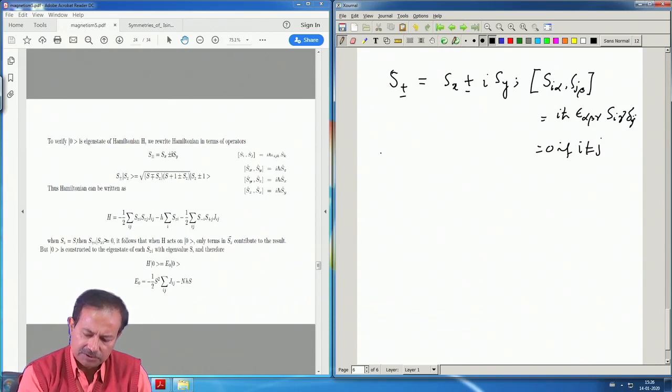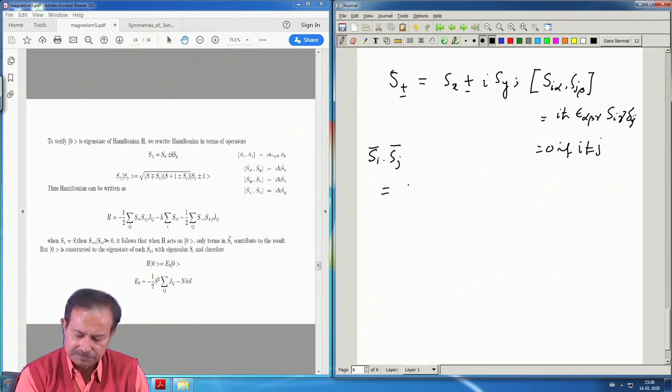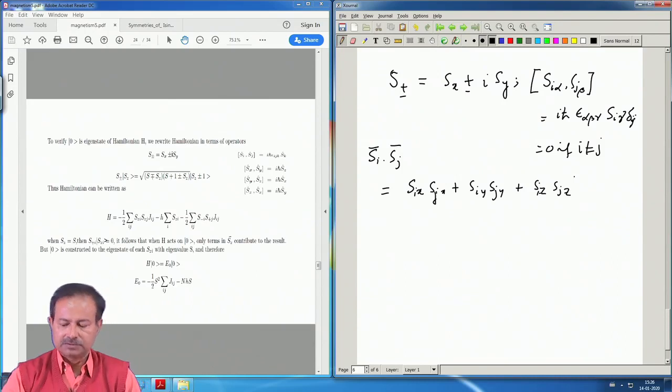Let us write down the term Si dot Sj as S_i^x S_j^x plus S_i^y S_j^y plus S_i^z S_j^z.